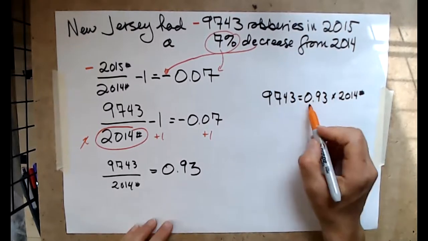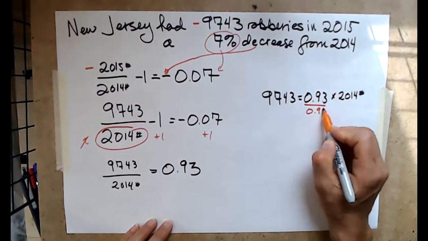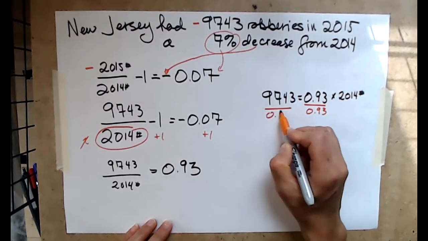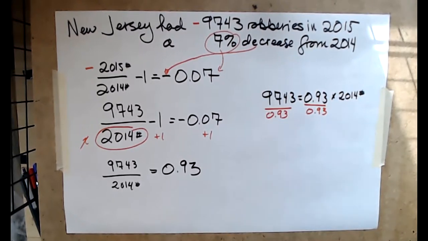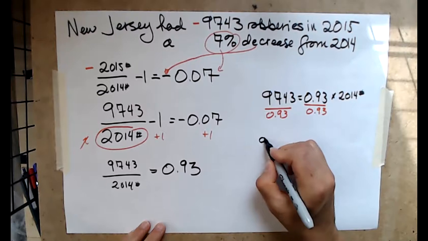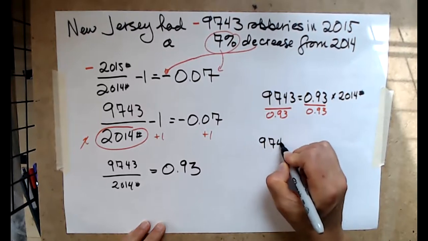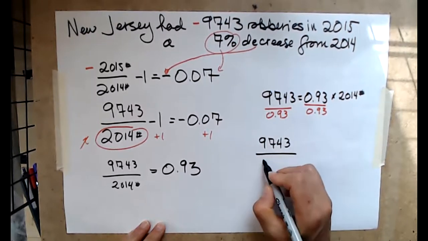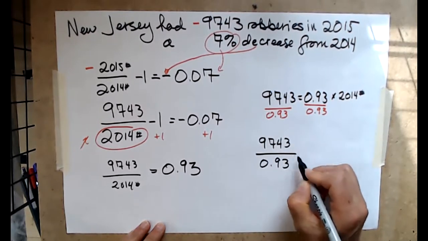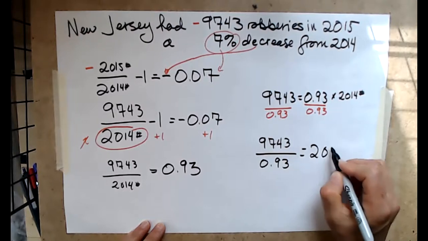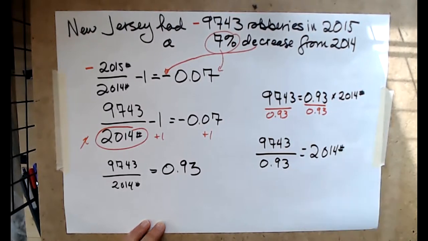So finally, I'm going to divide both sides by this in order to get my answer, which is 9,743 divided by 0.93 has to be equal to my 2014 number. And at this point, I can just pull out my calculator and get the answer.